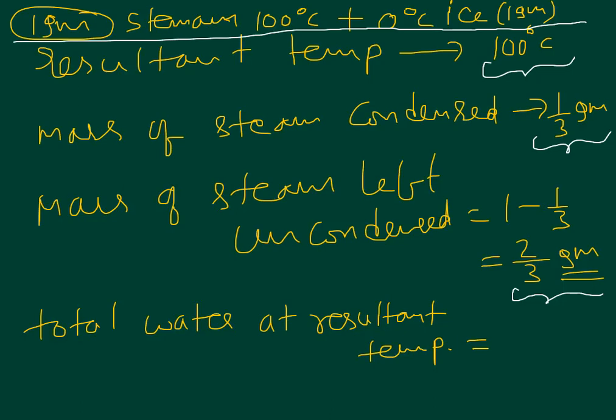Total water means how much water? Here how much steam is condensed? 1/3 gram of steam is condensed. Condensed means steam converted to water. So 1/3 plus, now how much ice has been converted to water? Total 1 gram of ice is converted to water. So 1/3 is steam converted water, and 1 gram is ice converted water.